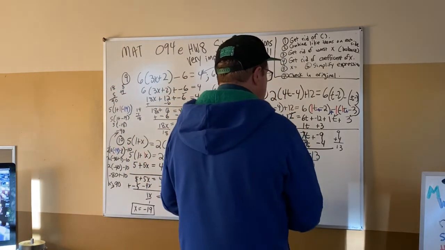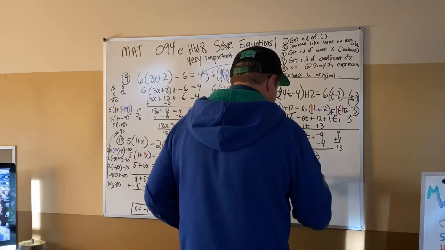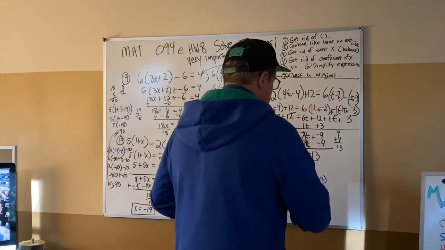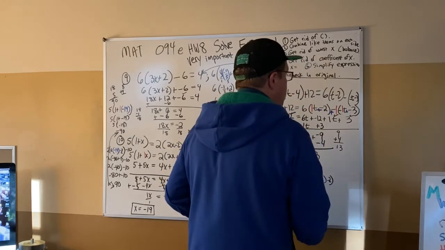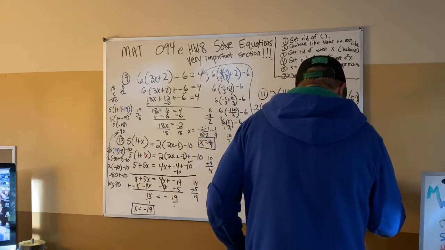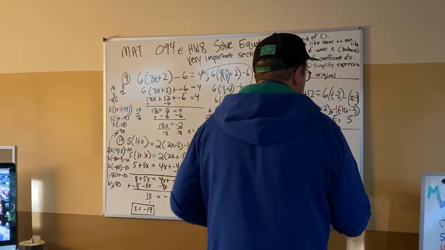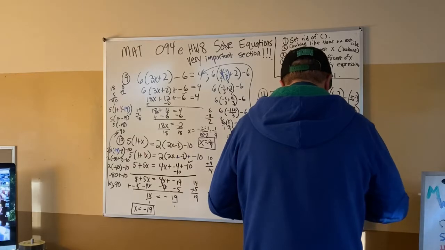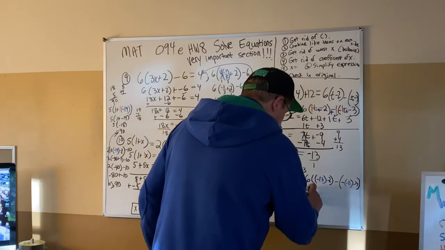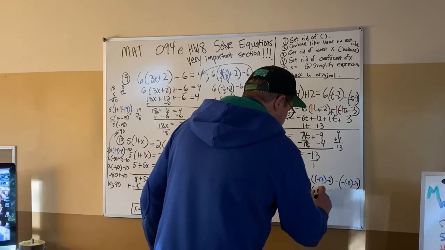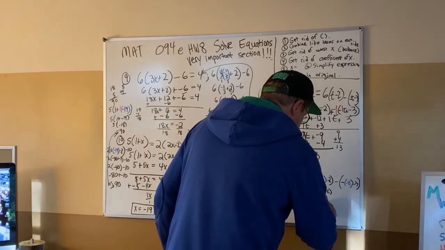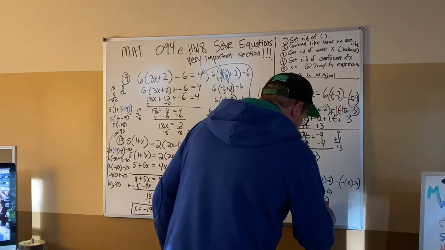6, here comes my value, negative 13, my value for t, minus 2, close, minus the opposite of my number, negative 13, minus 3, and close those parentheses. So this is now getting me 6 times negative 13 plus negative 2, which is 6 times negative 15, which gets me negative 90.